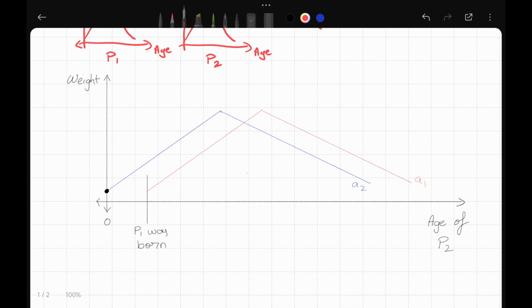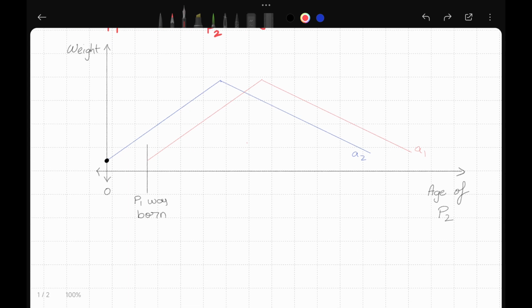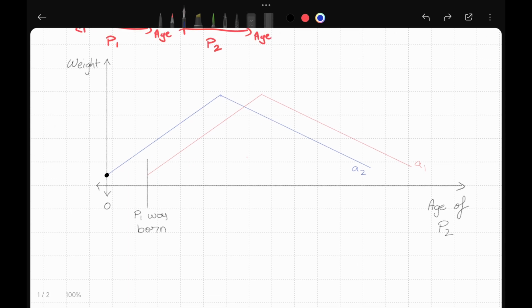The weight will not keep increasing and then keep decreasing linearly with the age. But just for illustration purposes, just to make understanding a bit easier, I have made the plot like this. But it will prove right for any monotonically increasing and decreasing function. It need not be a straight line.